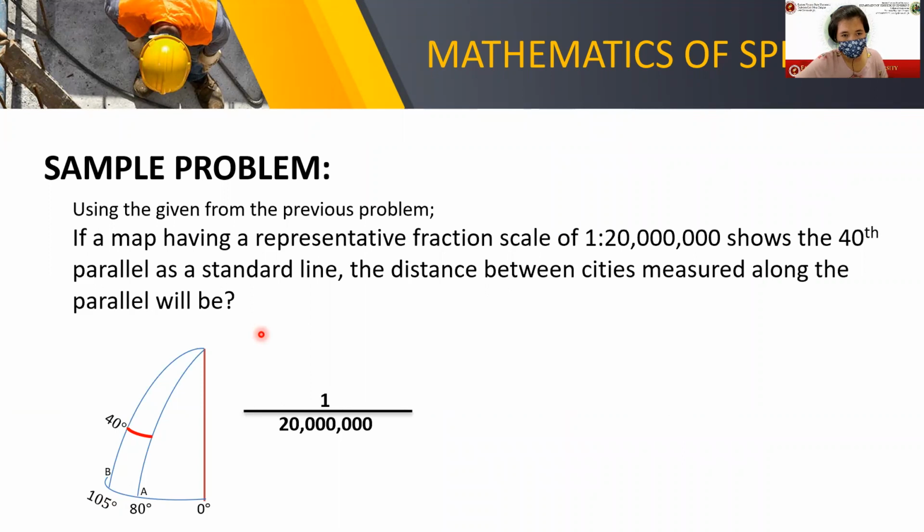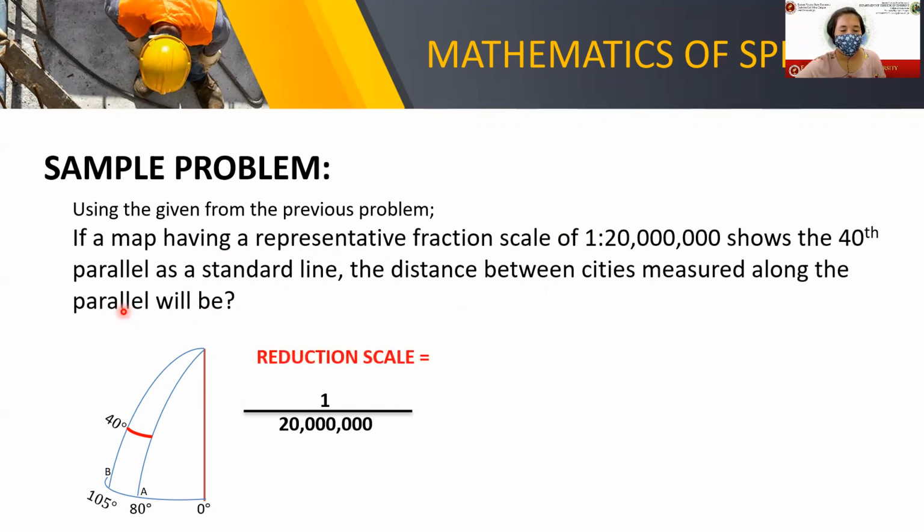So let's have another problem. Using the same situation as the previous problem, if the map having a representative fraction of 1:20 million shows the 40th parallel as a standard line, the distance between the cities measured along the parallel will be what? We are going to compute the distance between the cities measured along the parallel.